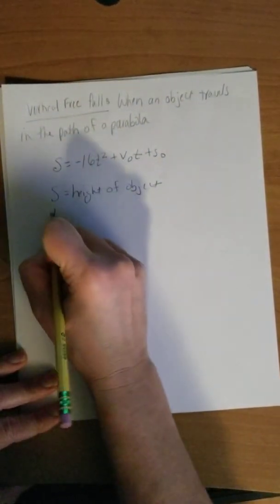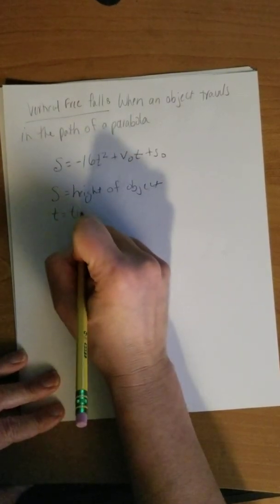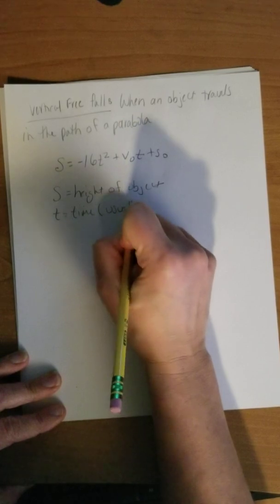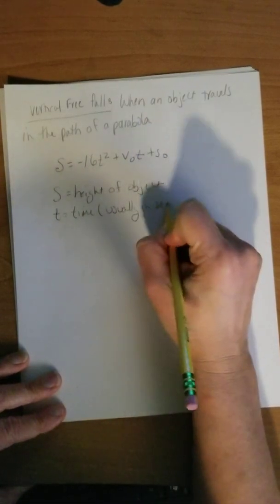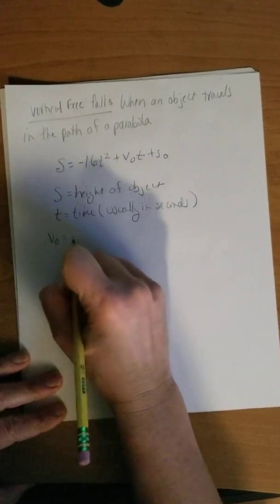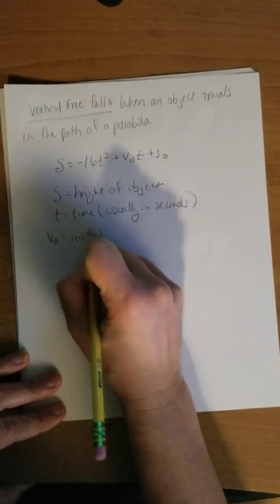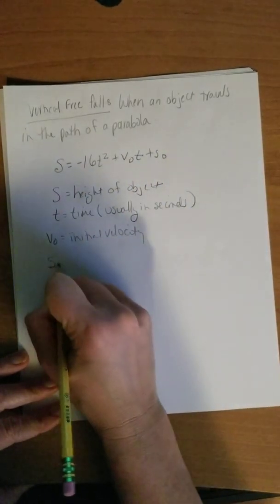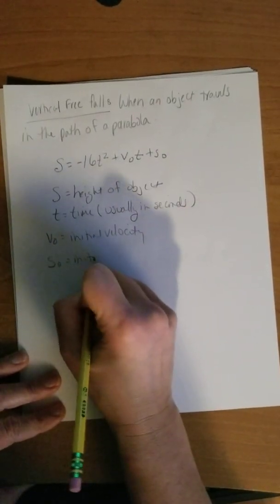T's, in both of these, t represents time, usually in seconds. V sub 0 is your initial velocity. And S sub 0 is your initial height.